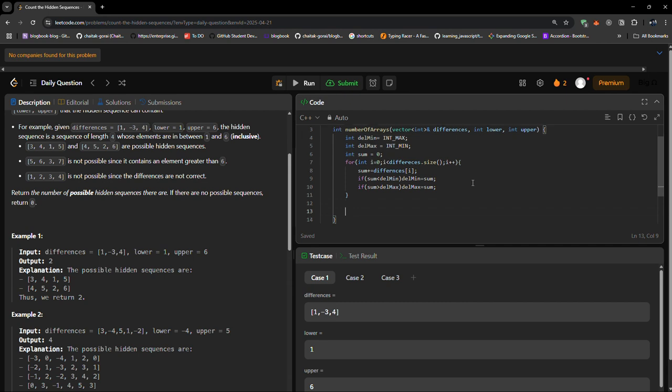Now we need to iterate for each number from the lower limit to the upper limit.